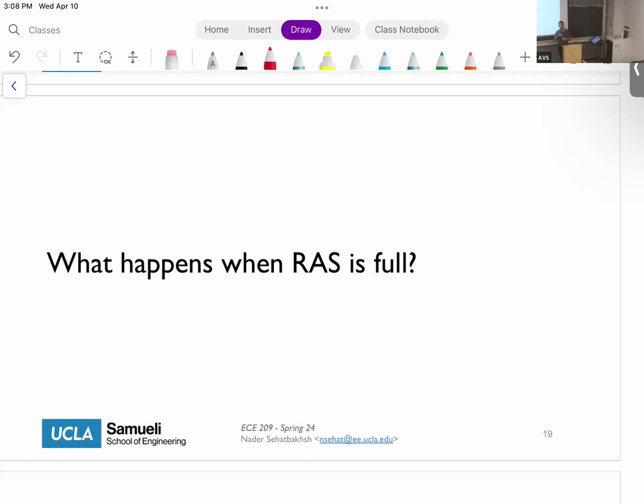But let's say we max out on the size of the RAS, what should we do? Think about why we would fill our RAS. What are the scenarios where your RAS gets filled quickly? What sort of code could cause your RAS to fill?